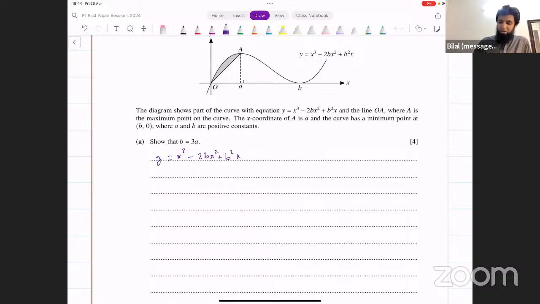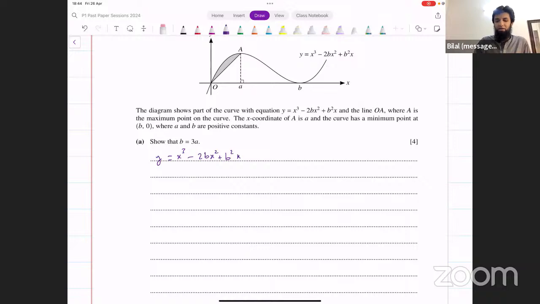If we put y equal to 0, no, in fact, b is already there. So we actually need to connect that to a somehow. Let's think about a first. a is the x coordinate of this turning point.